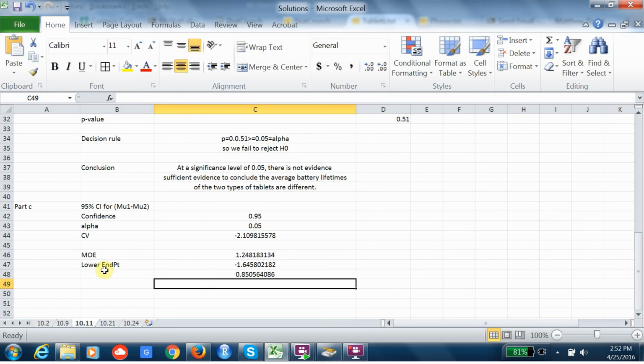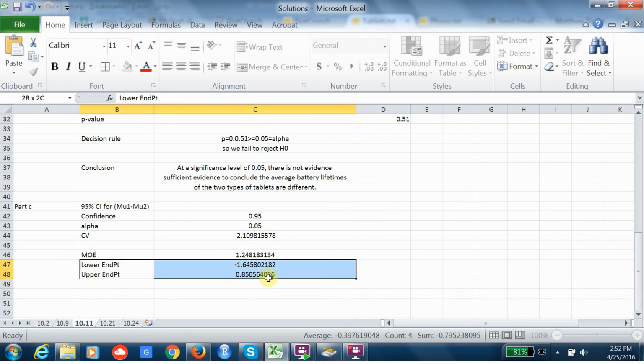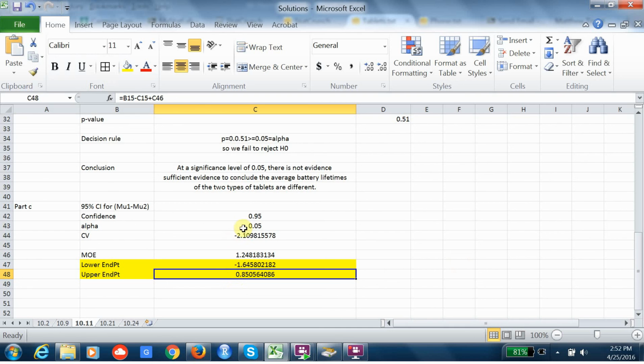And we can see that 0 is in there. Is that a surprise? No, we know that has to be the case. So 0 has to be in the confidence interval because we failed to reject the null hypothesis at the alpha that, when added to the 95% confidence, gave us 100. That the difference was not equal to 0.